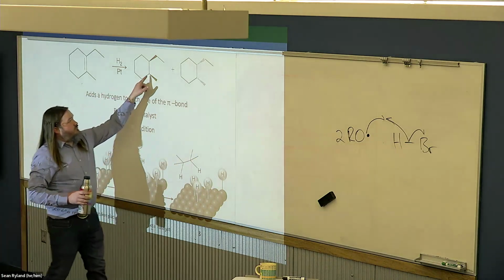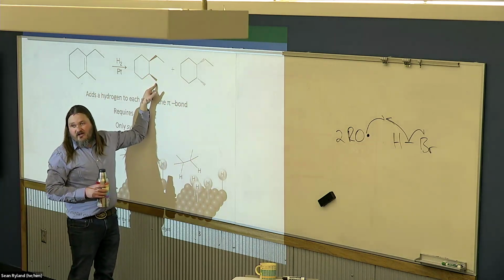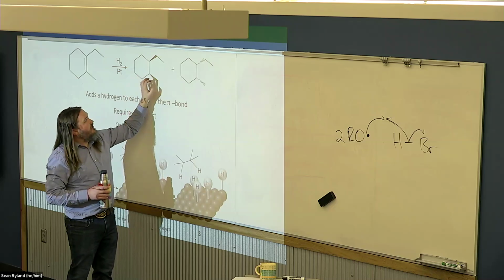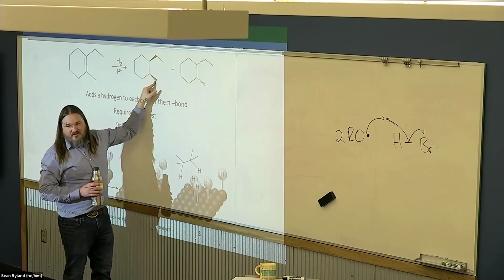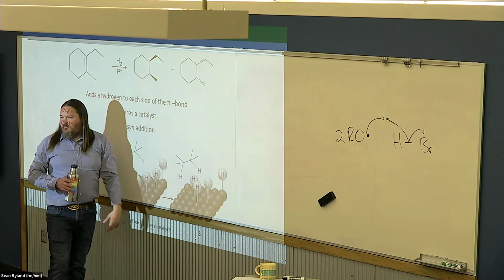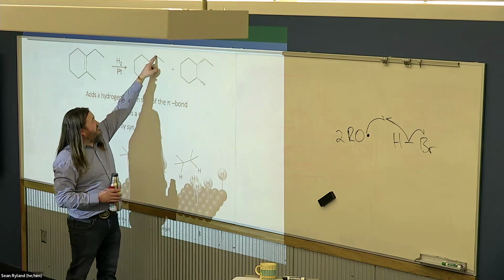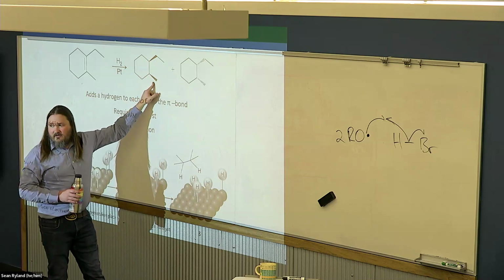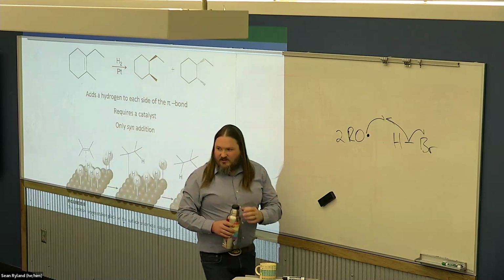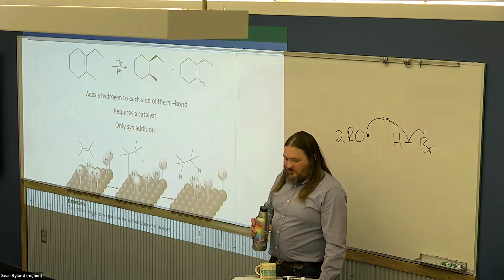In this case, they're both cis, but because these two things are different from each other, you wind up with an R versus an S. You wind up with two stereocenters. If both of these were methyls, if they were identical to each other, then it'd be a meso compound, and we'd only get one product. So we only wind up with two products here because it's an ethyl and a methyl. If they were symmetric, then we would just get a meso compound. And if it wasn't a ring structure, then it might not matter at all too.